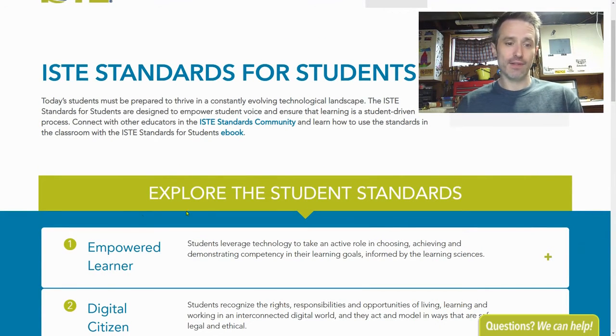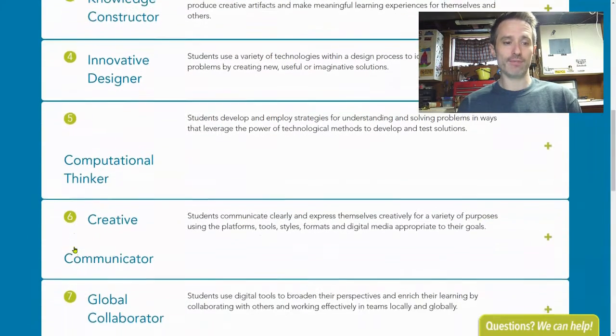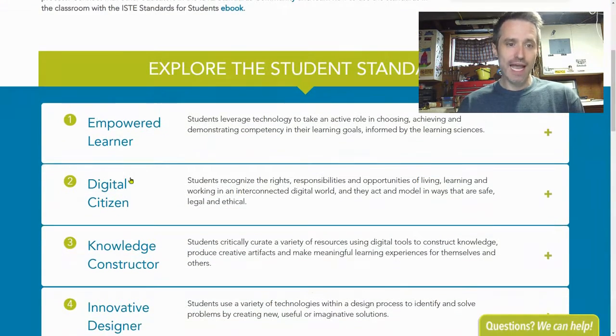This is the standards. There are 7 of them, 7 different standards, and each one is aligned to a different type of thing. So the first standard, students leverage technology to take an active role in choosing, achieving, and demonstrating competency or understanding in their learning goals, informed by the learning sciences.